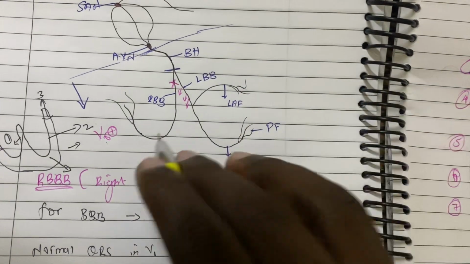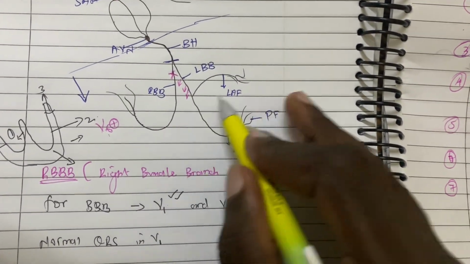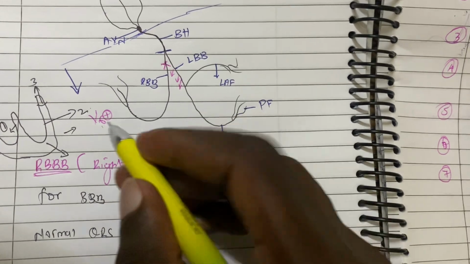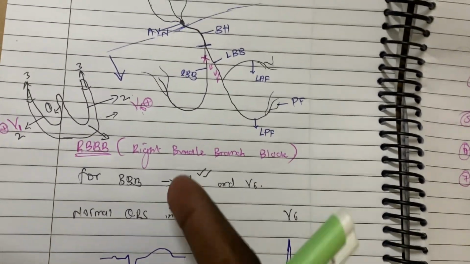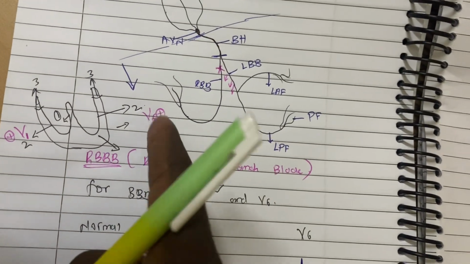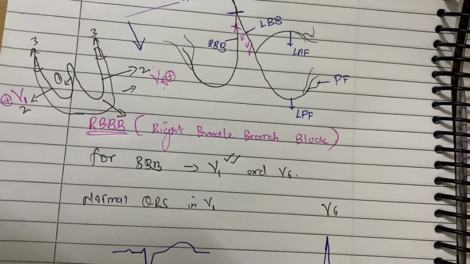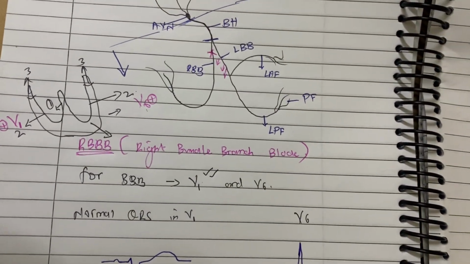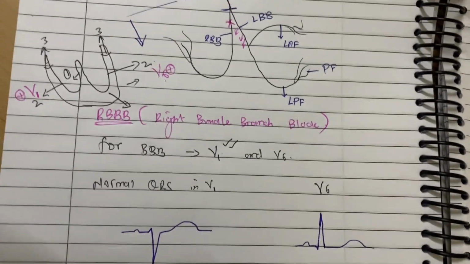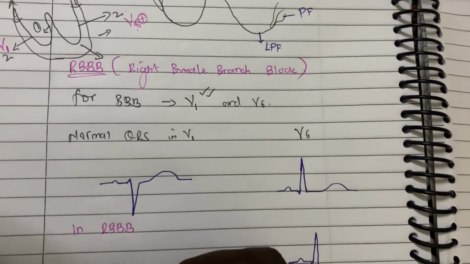And now the next one is when it will move. After depolarizing this side, it will come trying to depolarize the right side. And now the right side being depolarized, it will be coming towards the positive pole of V1. And since it is through non-specialized conduction tissue, it will take some time. It is slow conduction.